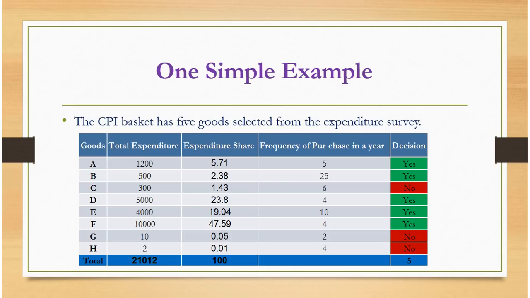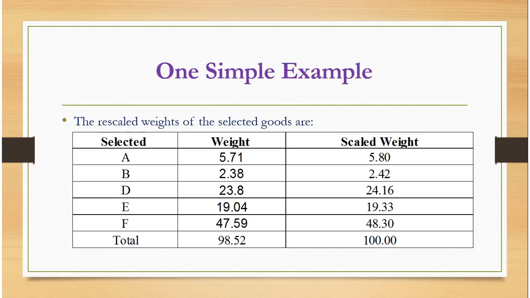So we can illustrate this process by a simple example. We again go to the hypothetical economy, where we have selected a CPI basket consisting of 5 goods. The goods are A, B, D, E, and F. The CPI basket, as earlier, has been selected on the basis of expenditure weights and frequency of purchase.